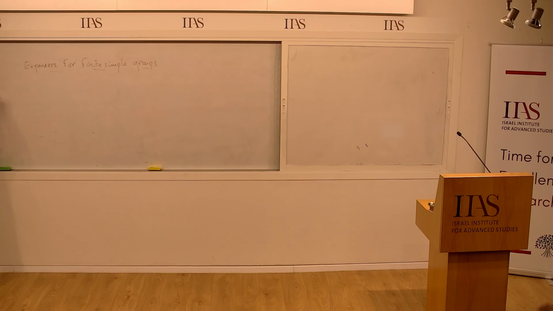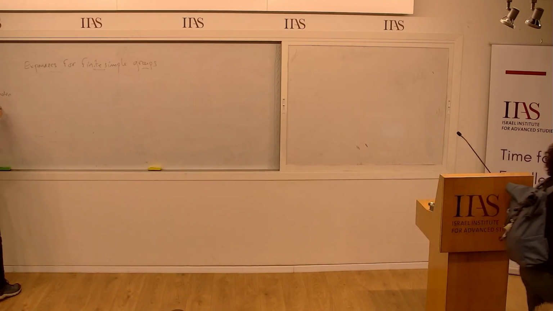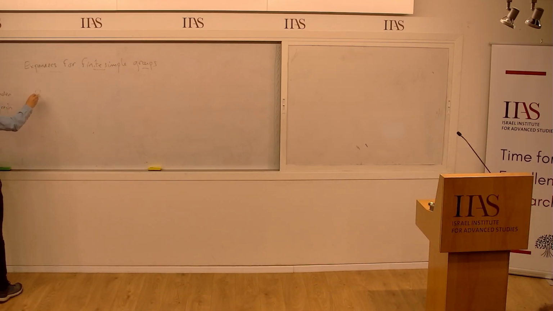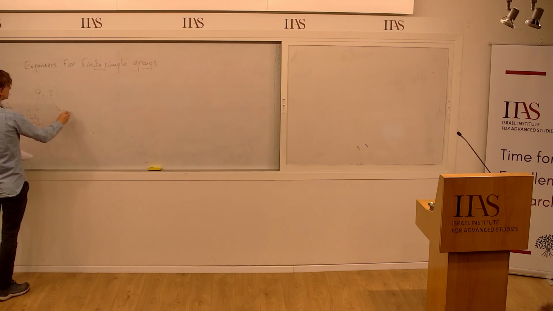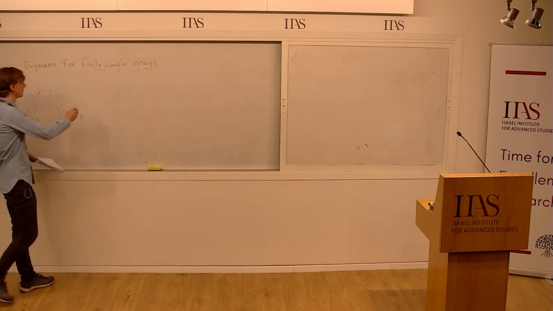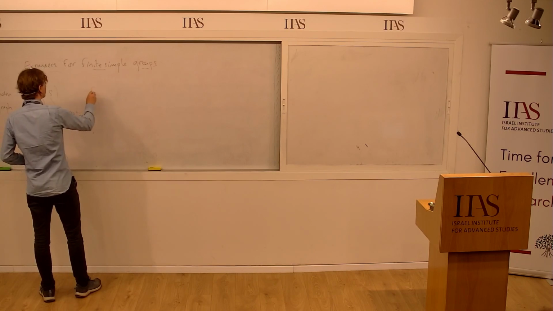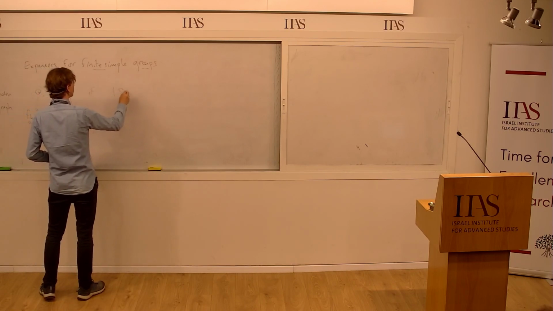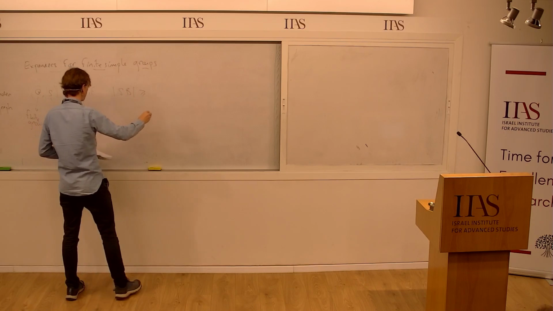So for me, an expander Cayley graph: you have a finite group G, and you have a generating set S. And you're going to say that it's an epsilon expander if the following inequality holds.